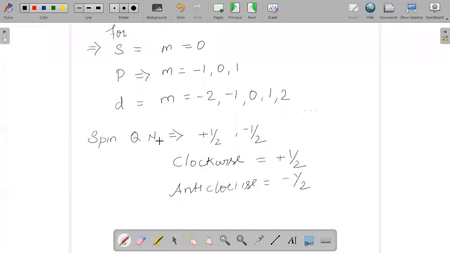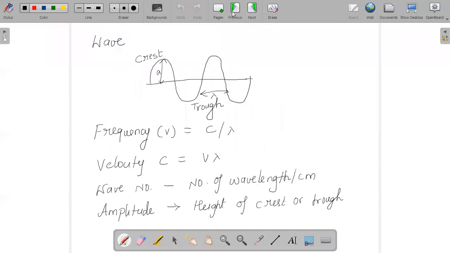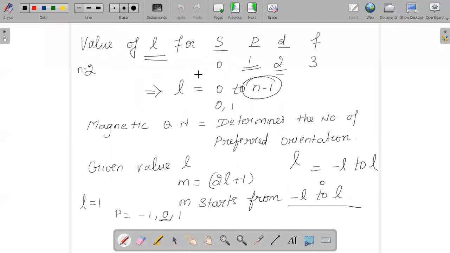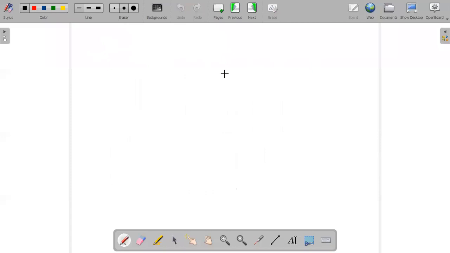Based on quantum numbers, I'll give you a sample of how the questions will be, because it is one of the important formats on which they ask questions. They may give you the value of n, they may give you the value of L, it depends. Suppose a question is: which of the following sets of quantum numbers are not allowed?